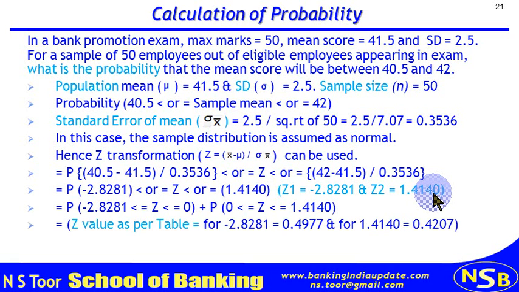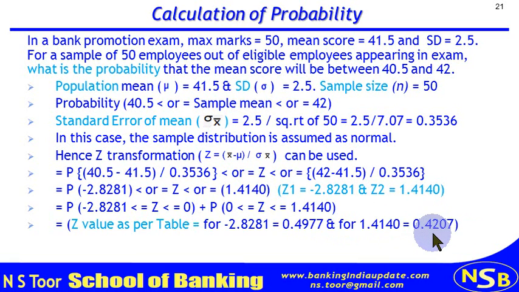Now we shall take those probability values from the Z value tables. For 2.8281, this value as per the Z value table is 0.4977, and for 1.4140, this value is 0.4207.